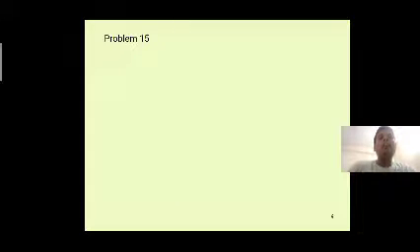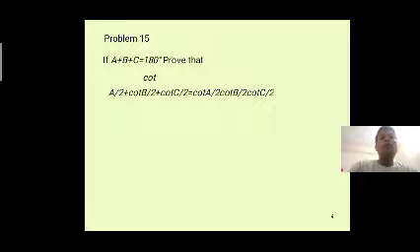Okay. Now we go to problem number 15. If A plus B plus C equals 180 degrees, prove that cot A by 2 plus cot B by 2 plus cot C by 2 equals cot A by 2 into cot B by 2 into cot C by 2. This is all the same process. We know the condition A plus B plus C equals 180 degrees.